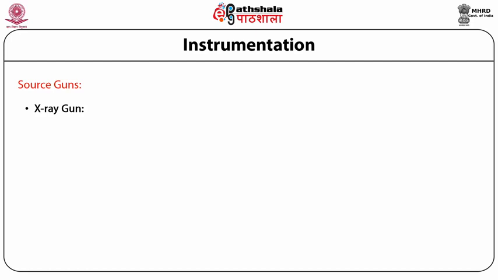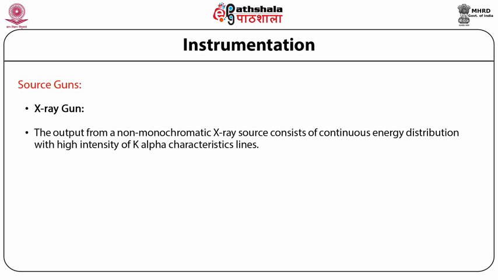The XPS uses monochromatic and non-monochromatic X-ray sources. The output from a non-monochromatic X-ray source consists of continuous energy distribution with high intensity of K alpha characteristic lines. The monochromatic source produces output by removing continuous X-rays from a radiation spectrum.